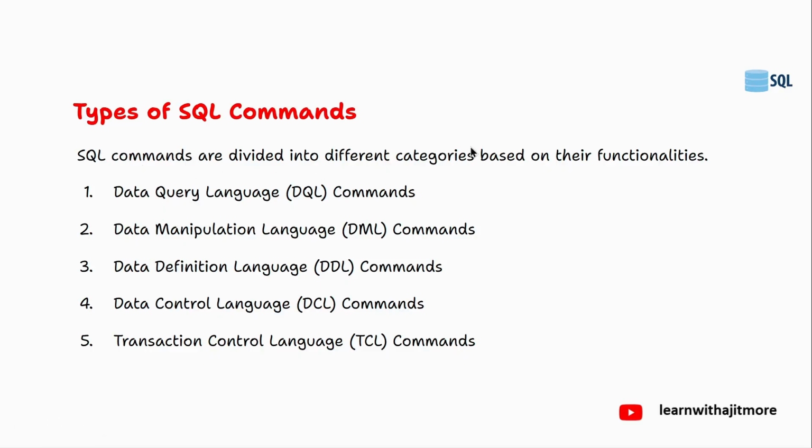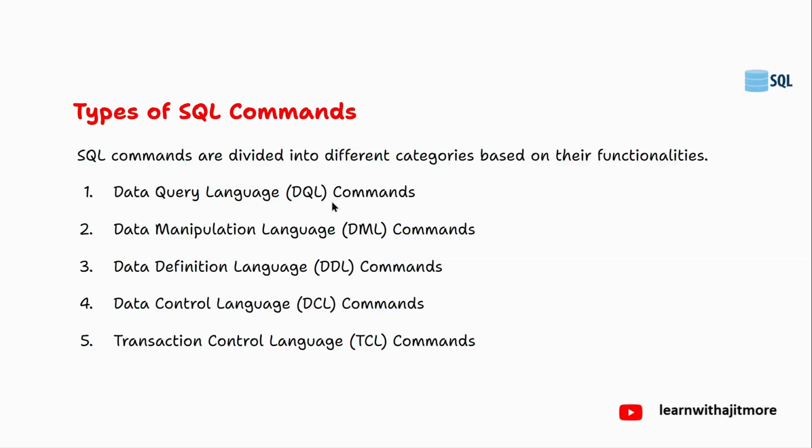SQL commands are divided into different categories based on their functionality: data query, data manipulation, data definition, data control, and last is transaction control. In the next session, I'll tell you about all this one by one. But I hope you'll remember, no? Tomorrow I will not do the same explanation again.